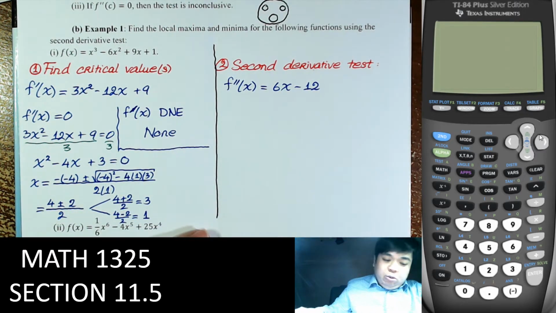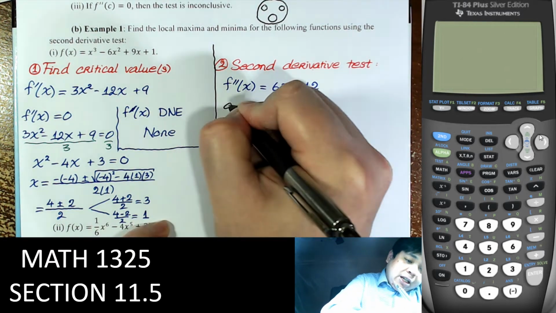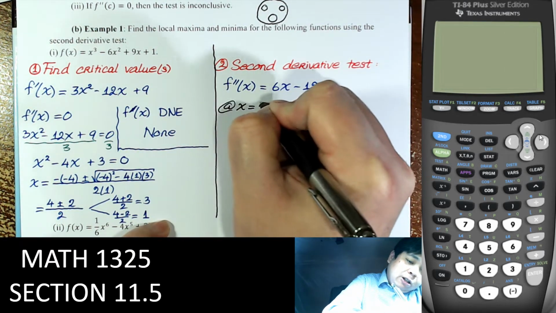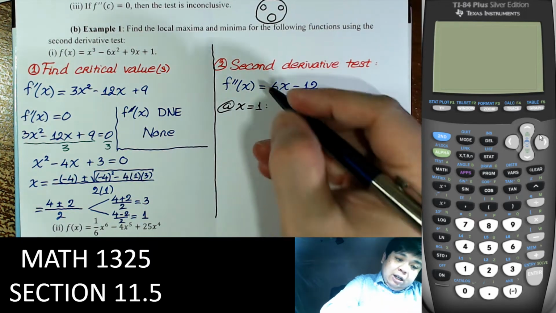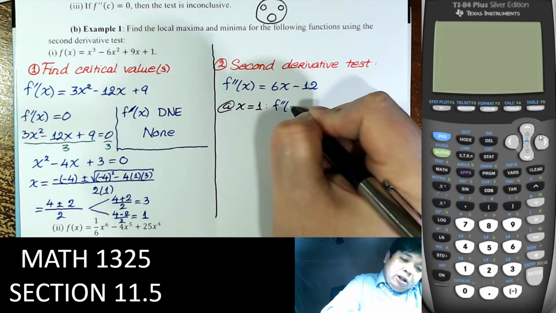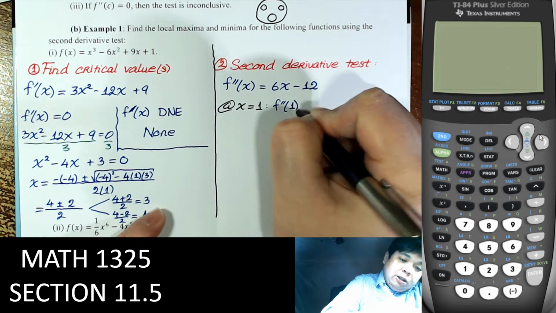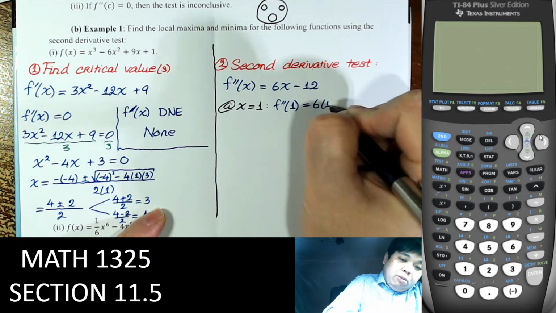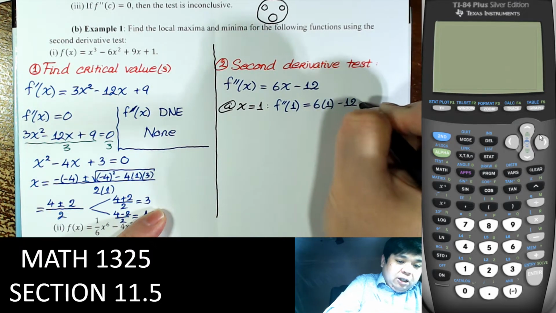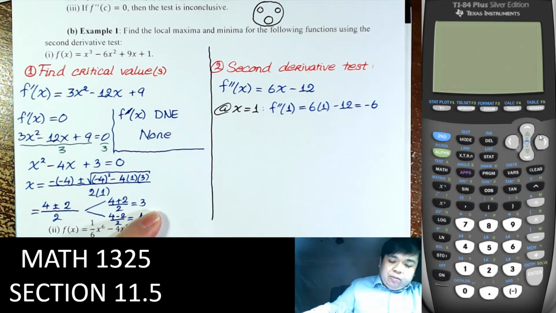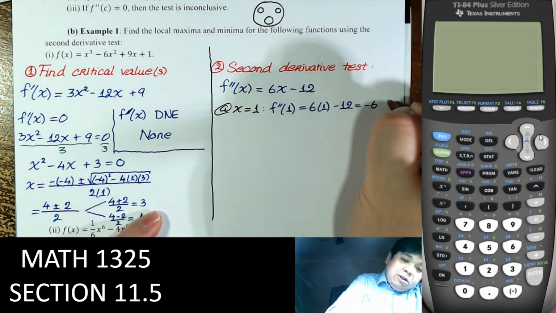And now the second derivative test: evaluate at x equal to 1. The second derivative at 1 equals 6 times 1 minus 12. That's negative 6, and that's less than 0.